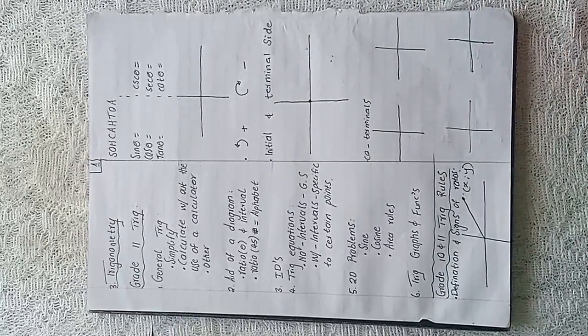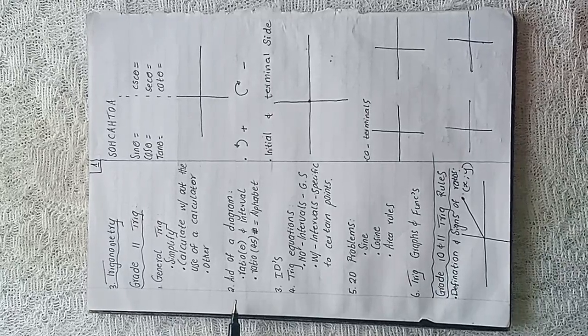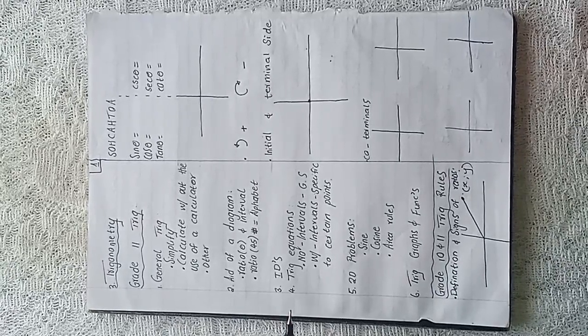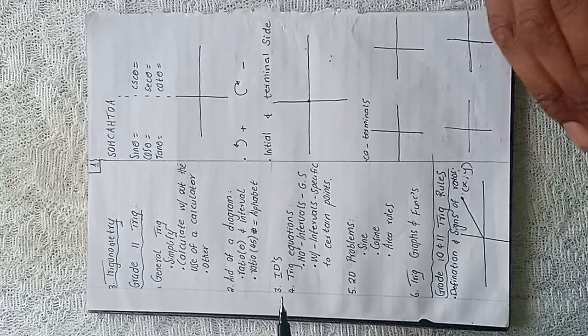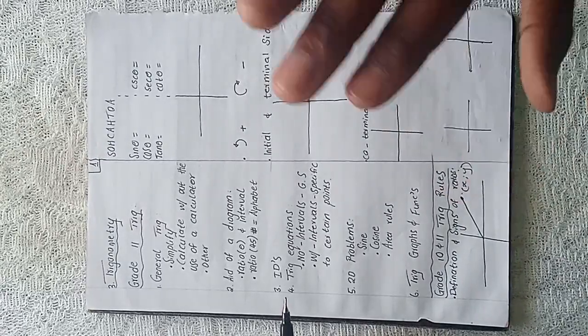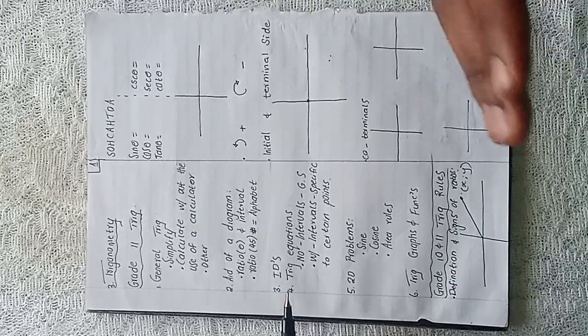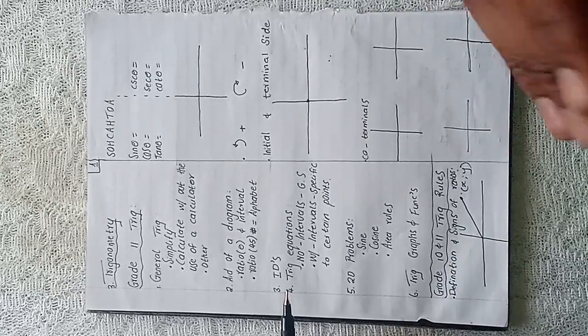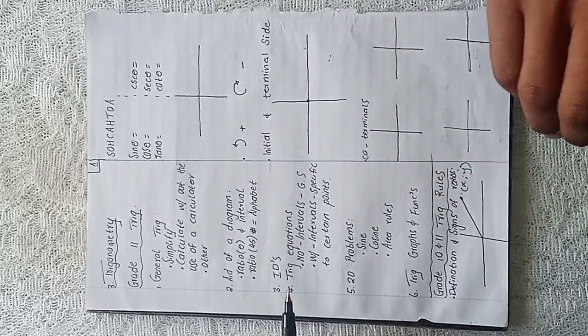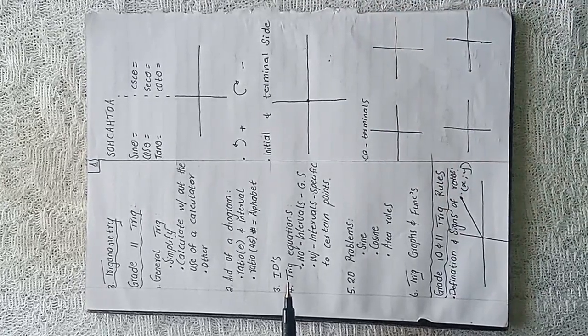You're still going to do general trig, aid of a diagram, identities, trig equations. It's similar to what you did in grade 11, but we're going to add more rules, which is compound angles and double angles.